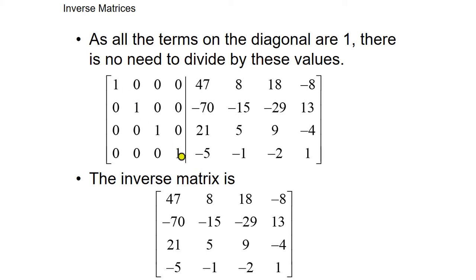But we're dividing by 1, so what we have here on the right becomes our inverse matrix. So we've worked out the inverse matrix here, and of course we could check by multiplication that it's correct.